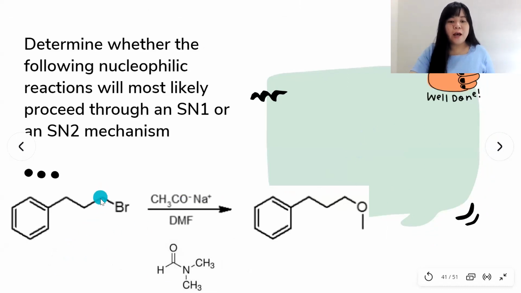Next, we have a substrate with the alpha carbon, which is primary, and the solvent, in this case, is aprotic. Therefore, it's most likely going to proceed as an SN2 reaction.